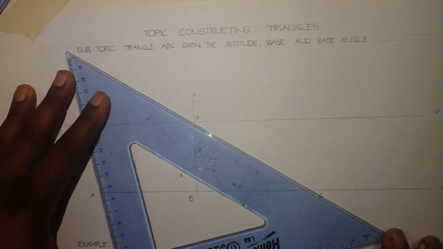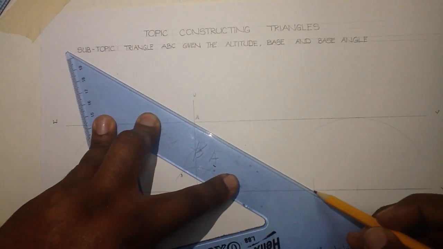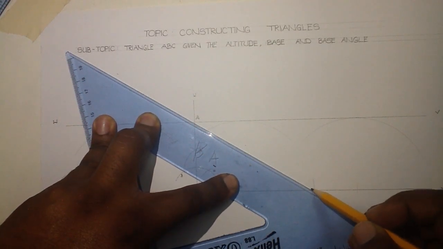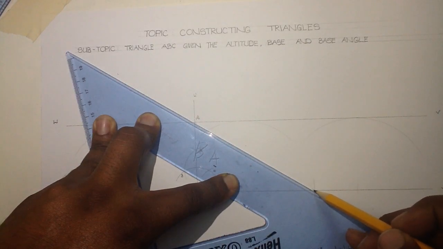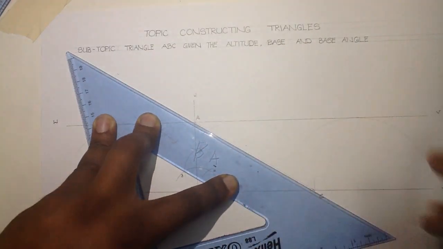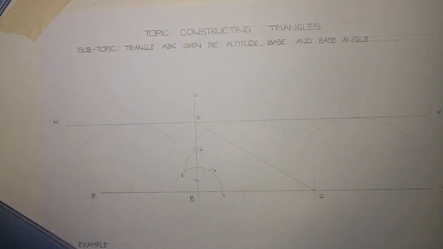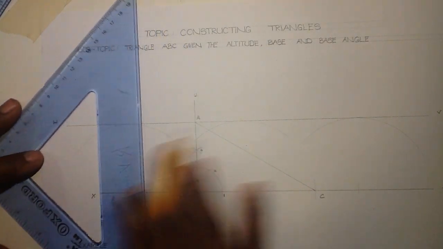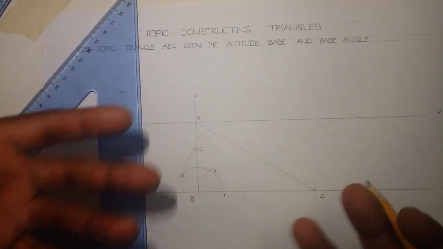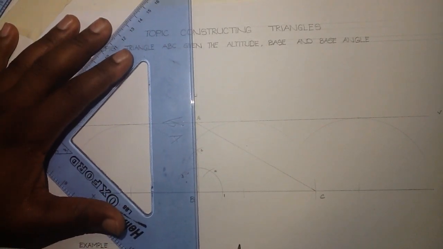It is best to use construction lines all the way so that errors can be erased neatly, keeping your drawing nice and neat. And after you've completed your construction work, your next step would be to darken the sides of your triangle so that your object line will allow your triangle to stand out in your drawing.